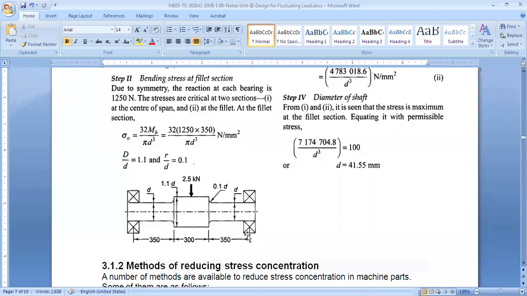The central part has a larger dimension, 1.1 D, so it is 10% more than the diameter on the left and right side. The length of that part is 300. So this is an enlarged diameter case, and for this we will be using the graph for enlarged diameter. We have seen that also.